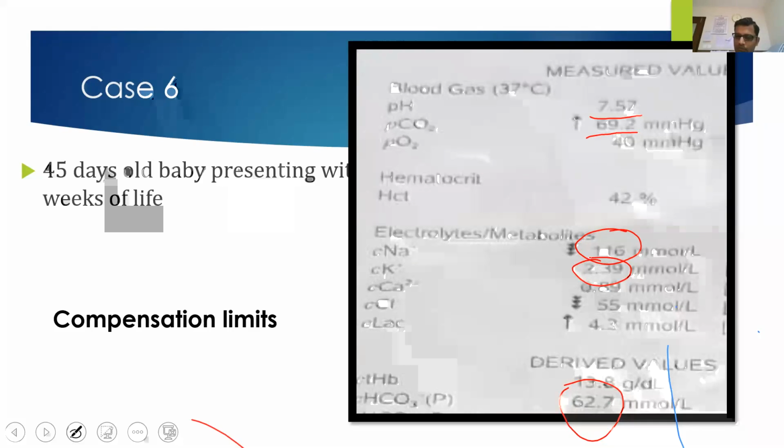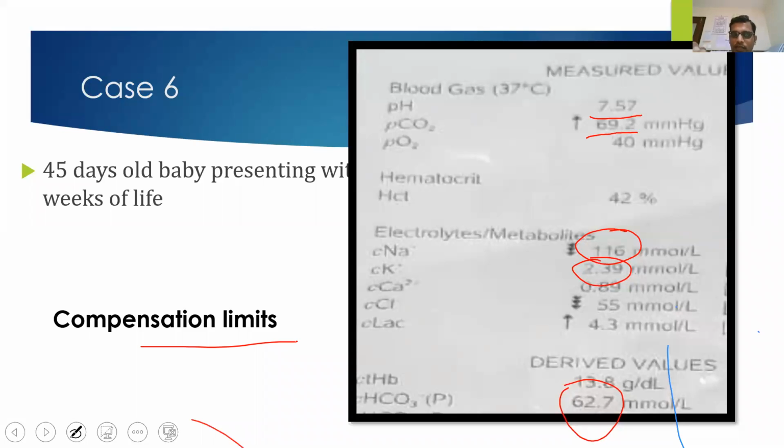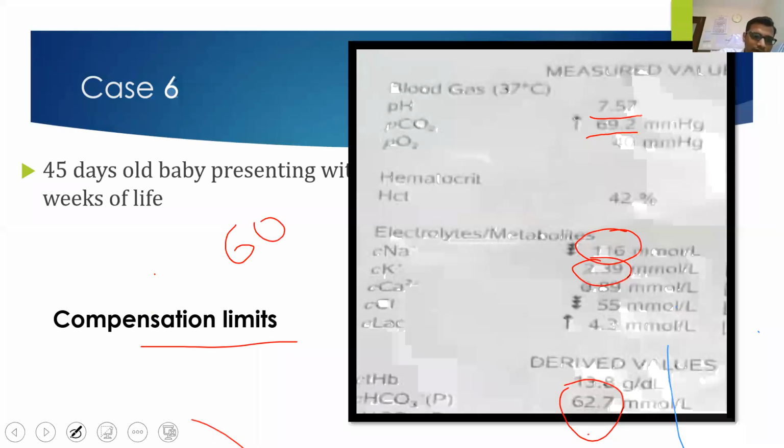Again, I put this example to teach one principle of compensation limits. This is a classical ABG we get in cases of hypertrophic pyloric stenosis. There will be severe metabolic alkalosis because of the loss of H+. The body will try to compensate by increasing the CO2, but the dictum in compensation is that CO2 never exceeds 60 or never goes below 10. There is a compensation limit.